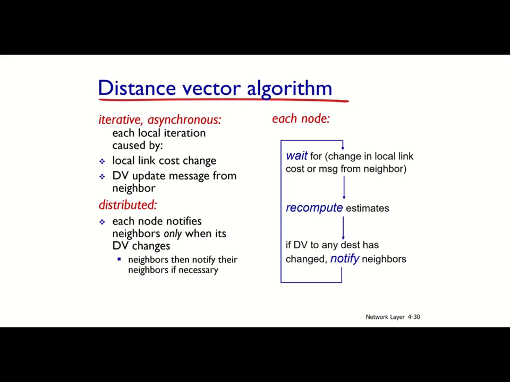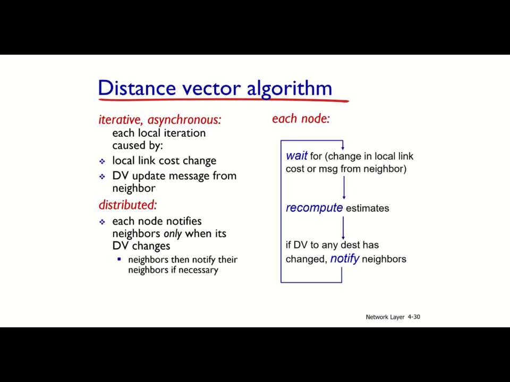And then it is distributed because each node runs the same piece of pseudocode and notifies neighbors when its distance vector changes. And here is the summarization of what the distance vector algorithm looks like. At each node, a node waits for a change in local link cost or a message from a neighbor.